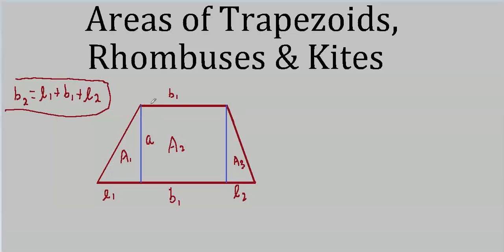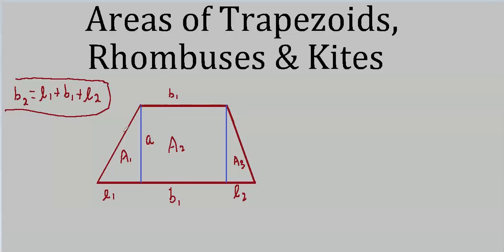First thing we do is break up this trapezoid into three parts. The middle here is a rectangle with top and bottom sides equal to B1, and left and right, this is also A over here. They're both the same. There's only one altitude for a trapezoid.